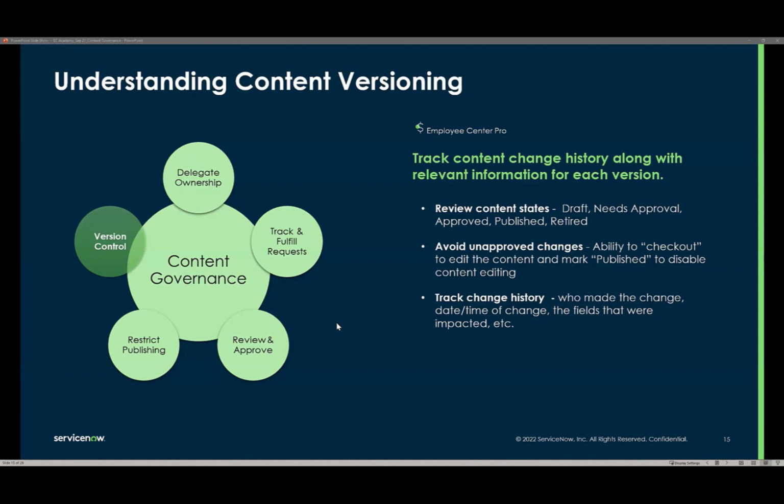And this process would essentially create a new version. Then you mark it published as you are done editing that version. And what the module is doing is it's tracking this entire history that is being created when you check out and publish the articles. So it is maintaining who made the change, the time and date of change, and additional details around it, and also what exactly the change was.